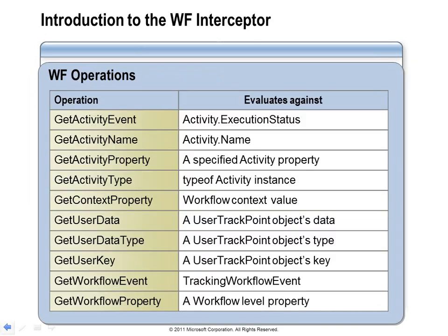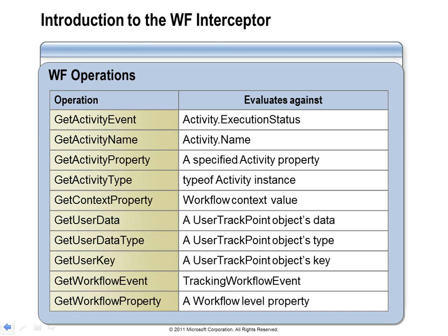The interceptor itself provides a number of operations, and these are all going to be found in that workflow-specific schema and schema namespace. And you'll see here from the chart, when we go out and get particular operations, you can see where that information comes from in the workflow tracking system. So we can get an activity event, and that's going to go out and get the particular status.